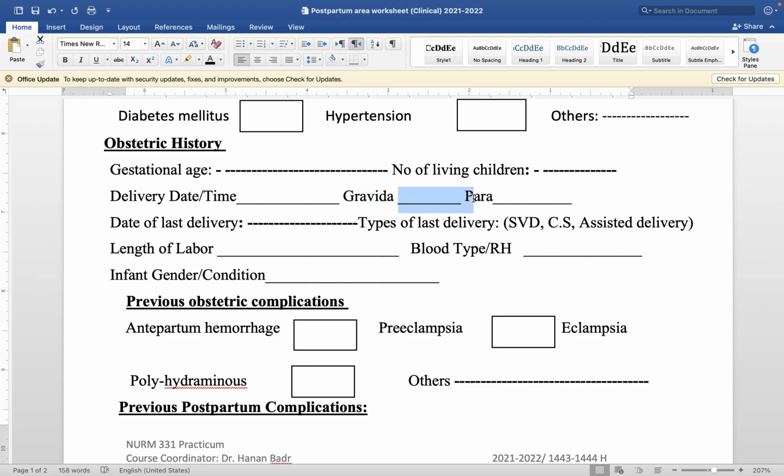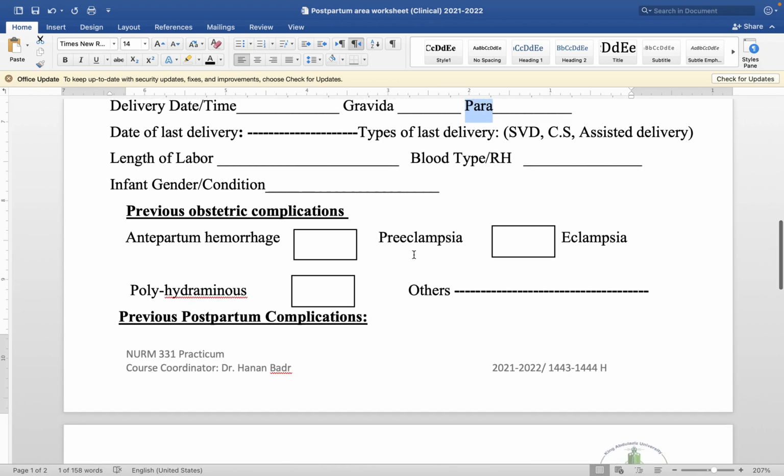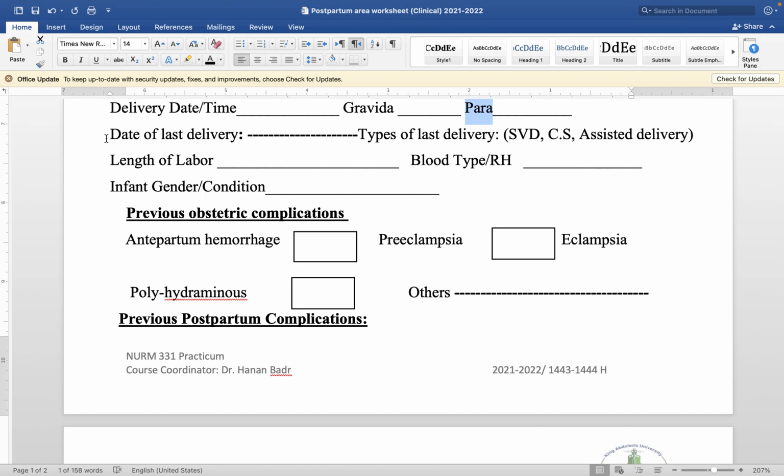And we're talking here about the number of gravidas and the number of para, and you will know what gravida and para are from the lecture, inshallah, when you take it. Date of the last delivery, the current delivery, and what was the type: spontaneous vaginal delivery, cesarean section, or assisted delivery.